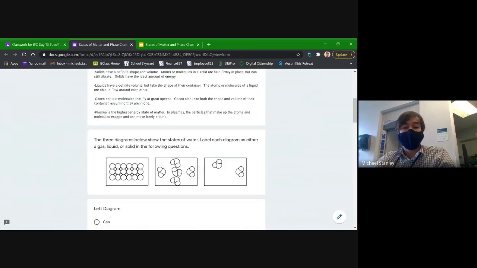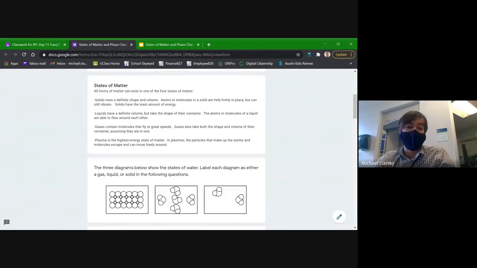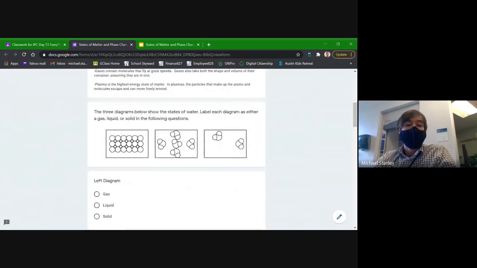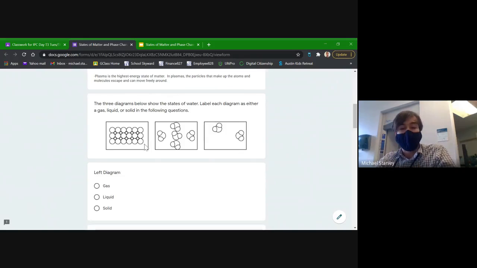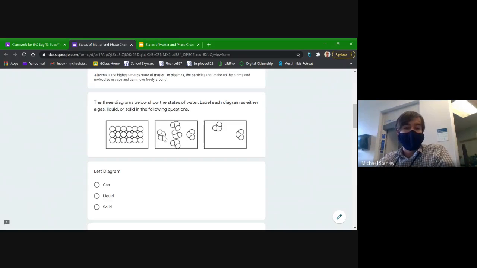The first part has a little bit of information about the different states of matter that we just talked about. It then has these 3 images of particles, and it's up to you to tell me if this diagram is either a gas, a liquid, or a solid. So we have the left diagram, the middle diagram, or the right diagram.